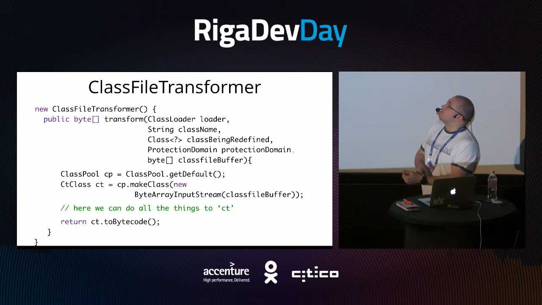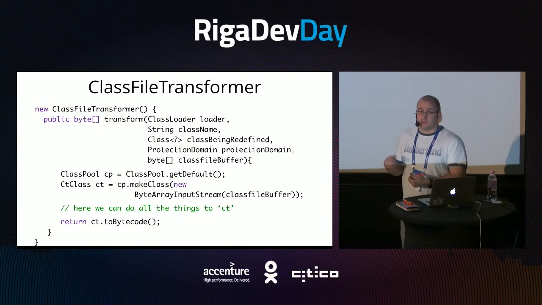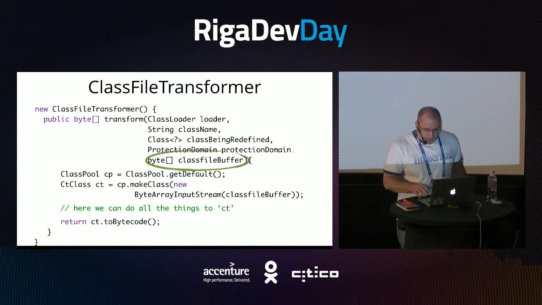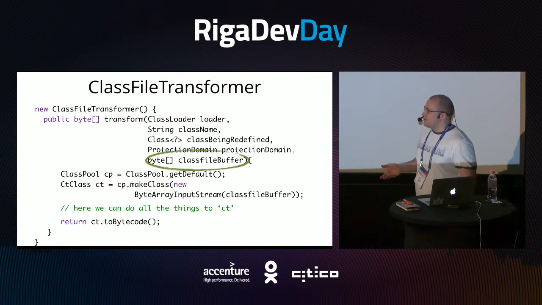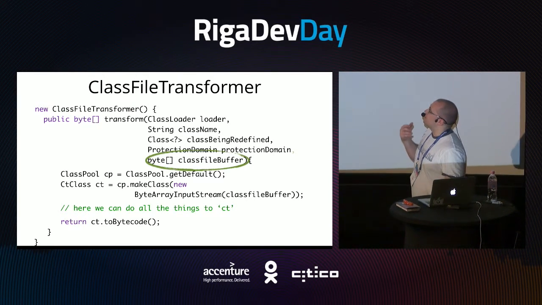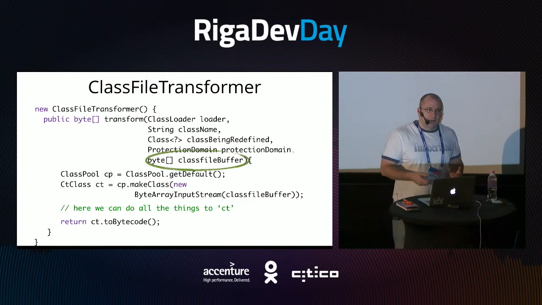The class file transformer just provides one method. You basically have to implement one method and include all the logic there. In the very essence, you are interested in just these bytes that are loaded by the JVM. This byte array represents the class file itself. And from there, you can do whatever you want.